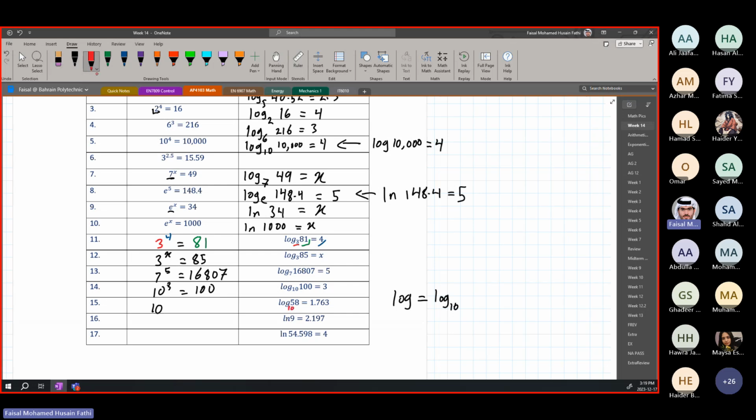All right, so log base 10 power 1.763 is equal to 58. ln, again, is nothing but log base e. So we can say e power 2.197 is equal to 9. Again, e power 4 is nothing but 54.598. Does this make sense?